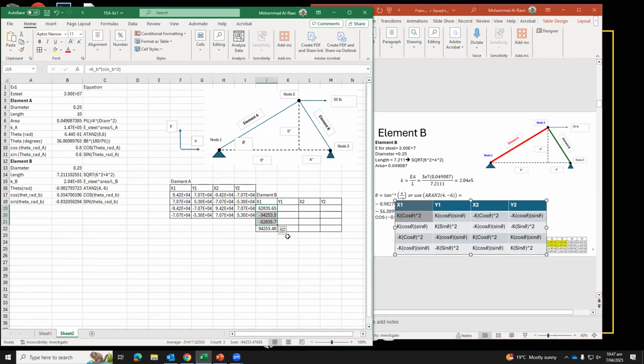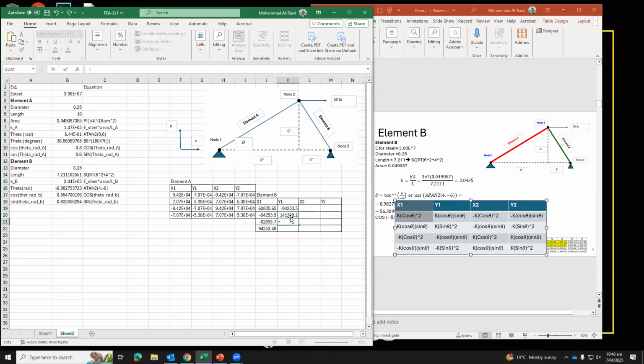Okay, I go to Y1. What do I have? Y1 is K cosine theta sine theta. So technically we've done this one already, it equals this cell. And here is K sine theta square. So equals K underscore B times open brackets sine underscore B, make sure that it is squared, and then you close that. You get now the K sine theta square.